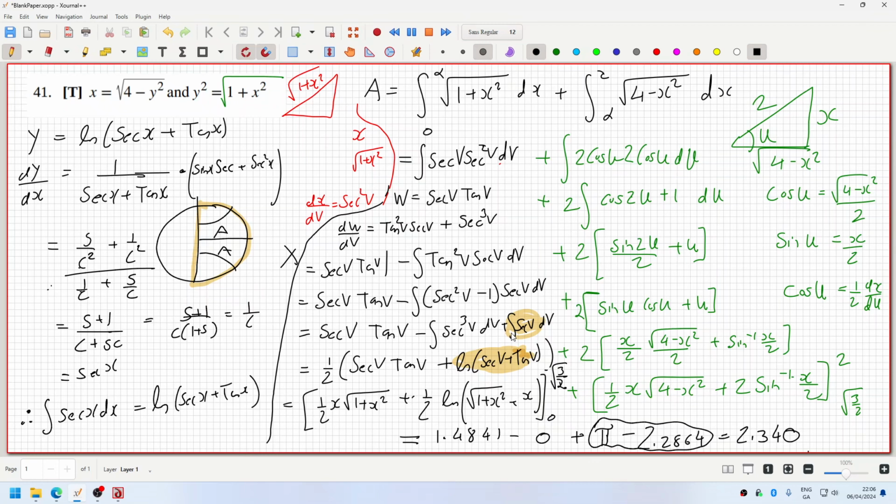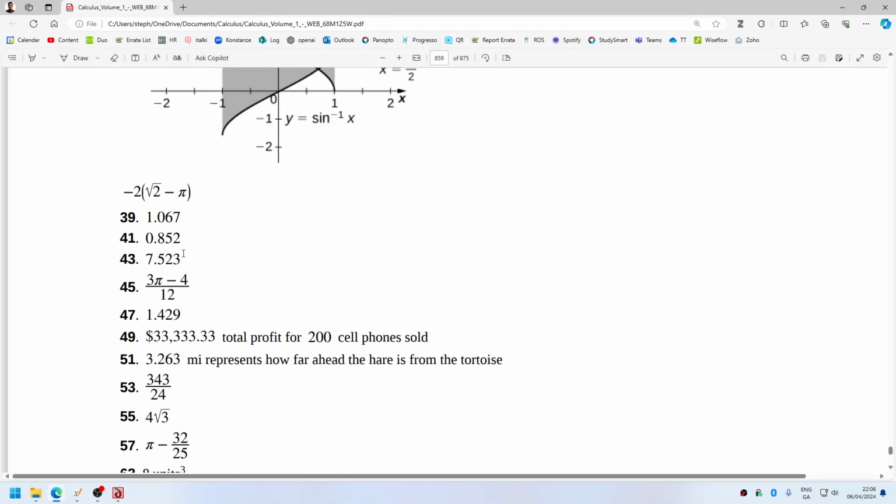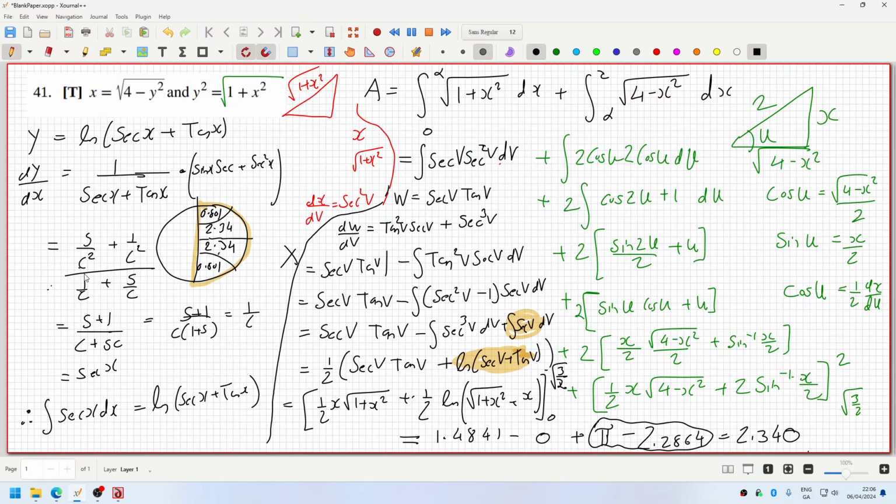Okay, so that's 2.34. That's 2.34. That's 0.801, and that's 0.801. The answer at the back, 0.852.